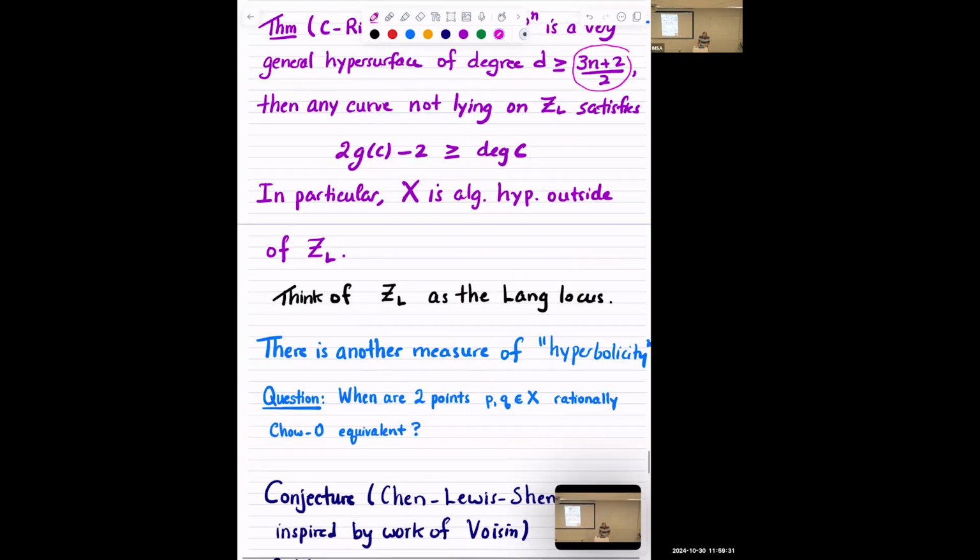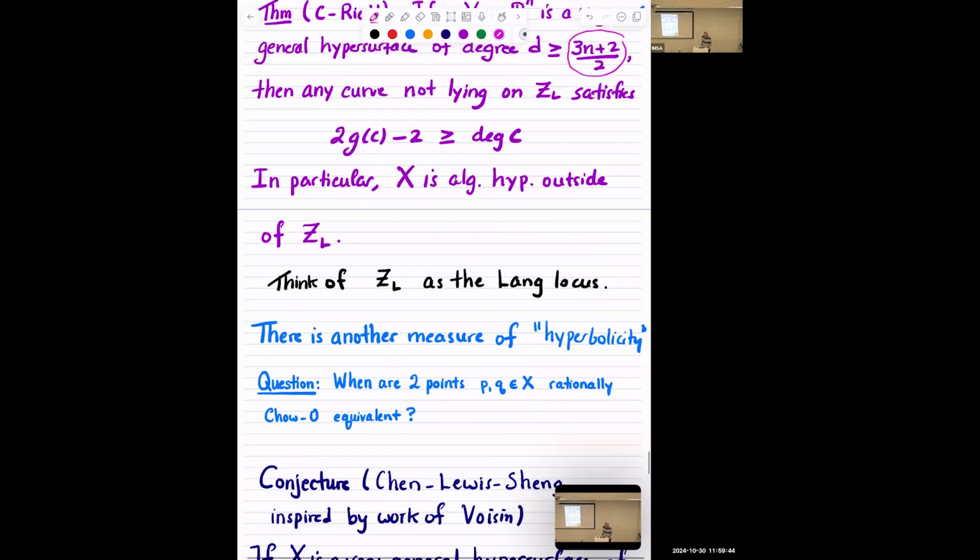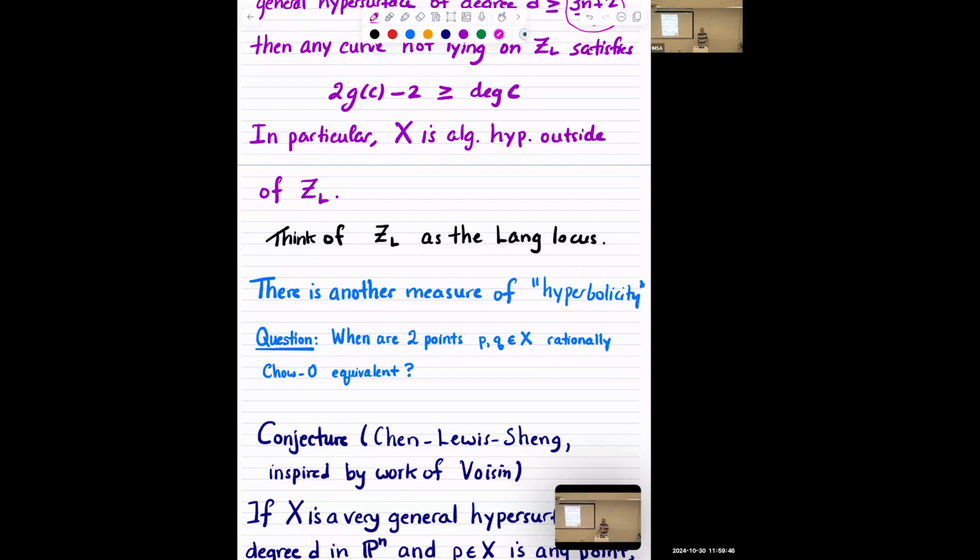Okay. So maybe finally I can end with another, more algebraic notion of hyperbolicity due to Chen, Lewis, Sheng, and Wazan. You see the kind of question that you can ask.